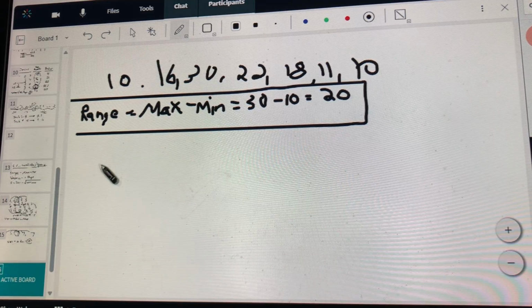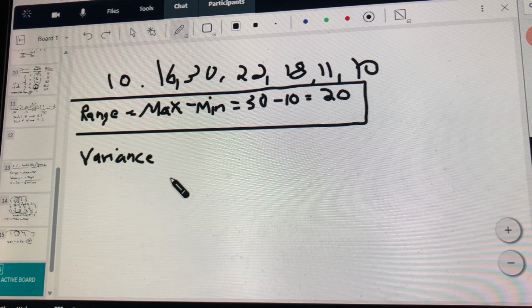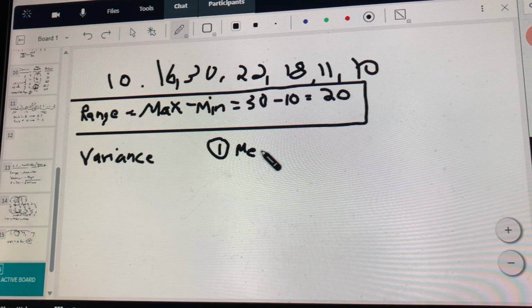So here comes the variance next. This is a 5-step process. Luckily, every step's mathematically pretty easy, especially if you have a calculator. Step 1, you find the mean. That's easy. We've been doing that since junior high.